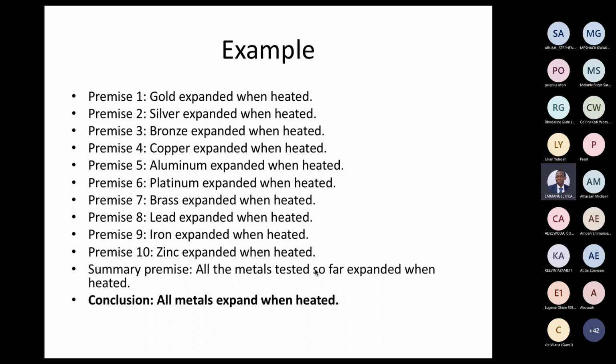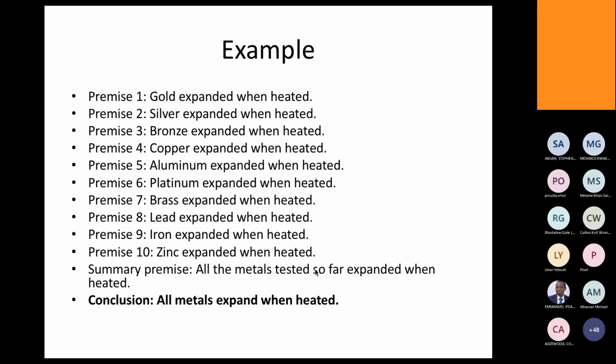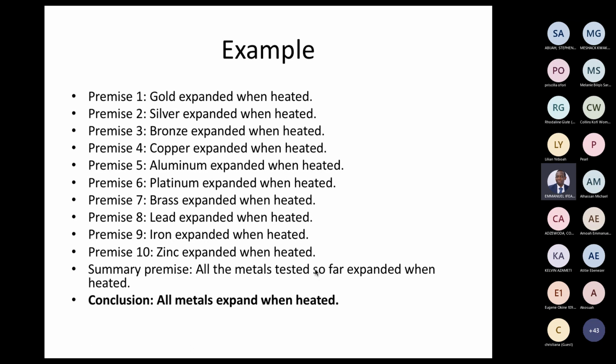That in itself is information that is not accounted for in the premises. The premises, both individually and collectively, do not and cannot refer to all metals. But the conclusion is referring to all metals.